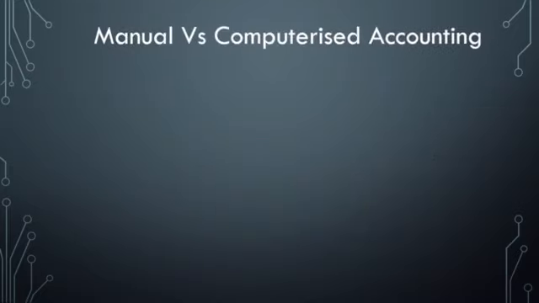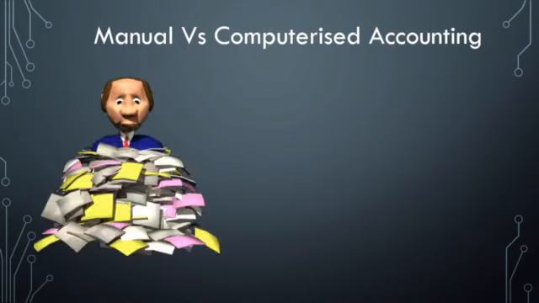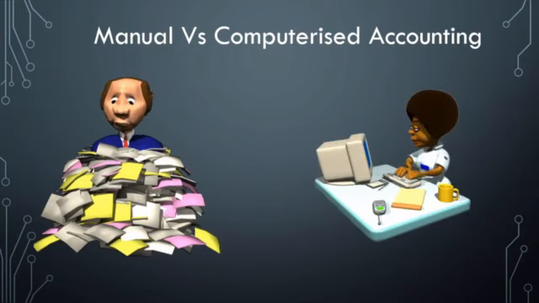We have seen some basic accounting. Now let's begin with the actual topic, that is manual accounting and computerized accounting. There is always a debate between computerized accounting and manual accounting. Both manual and computerized accounting systems are based on the same principles, conventions, and concepts of accounting.